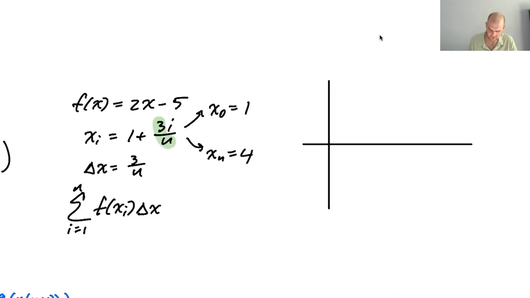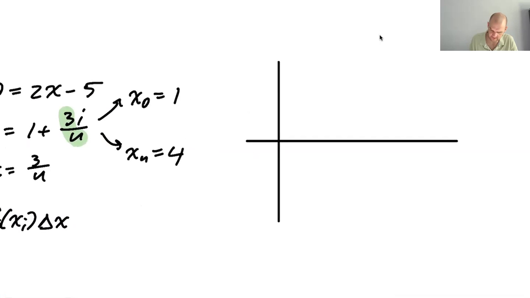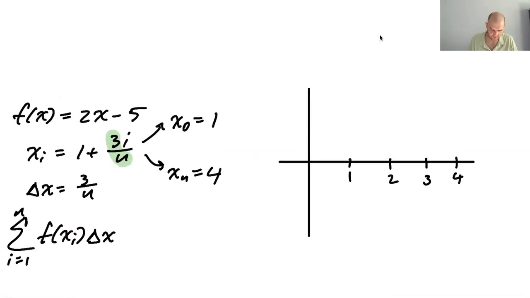Okay, so bear with me a little. When I plug in 1, I get -3. When I plug in 4, I get 8 minus 5, I get +3. So let me draw this.